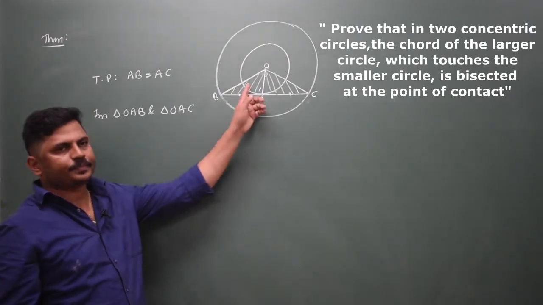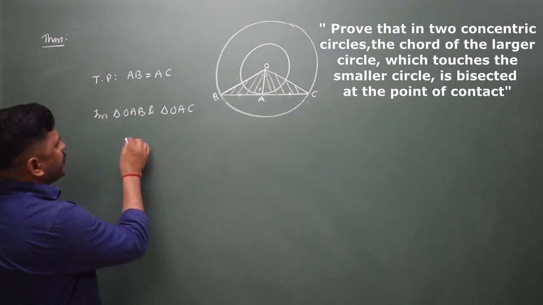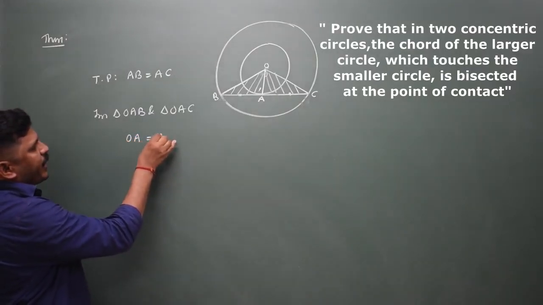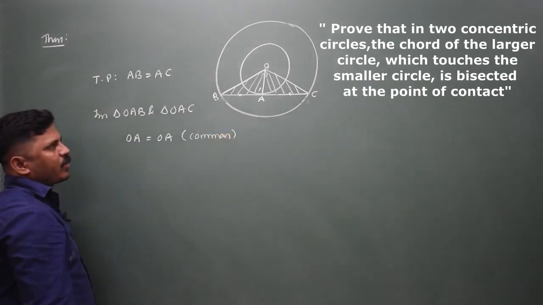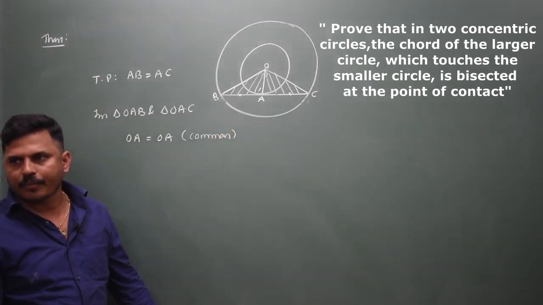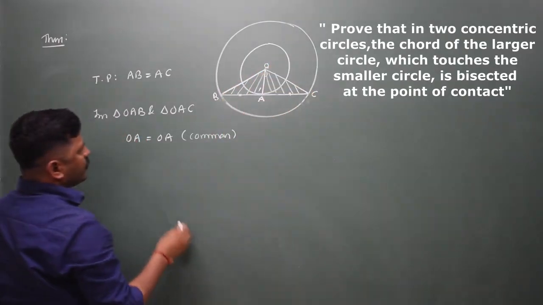In these two triangles, is OA common? OA equal to OA, because common. Is OB equal to OC?